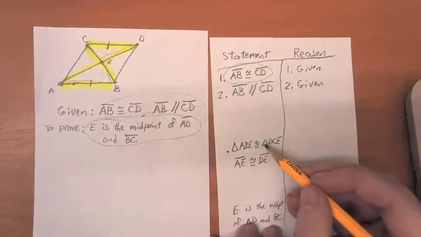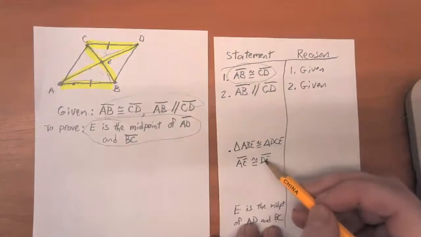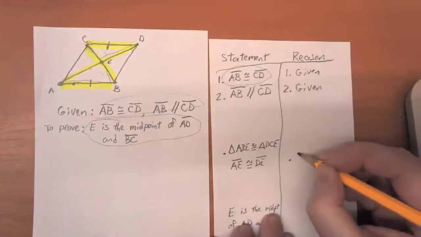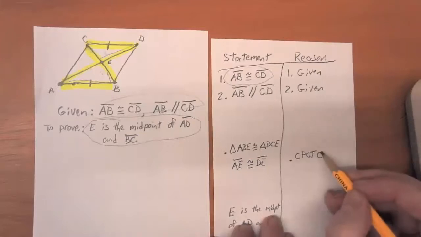I'll give you a hint, and this is something that you can take to the bank. Once you've proven that two triangles are congruent, anything you're talking about afterwards, talking about the sides or angles of that, is because of this reason called CPCTC. And that means just what I said before.